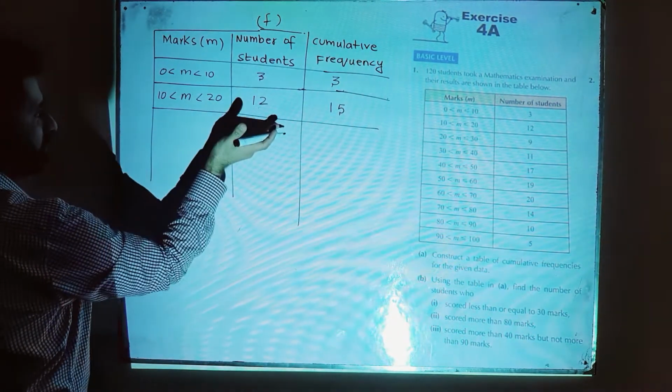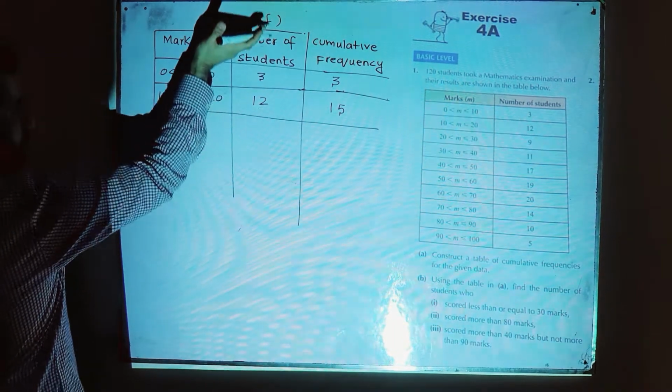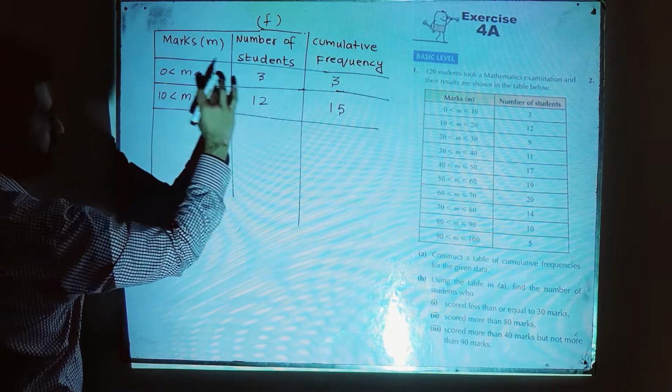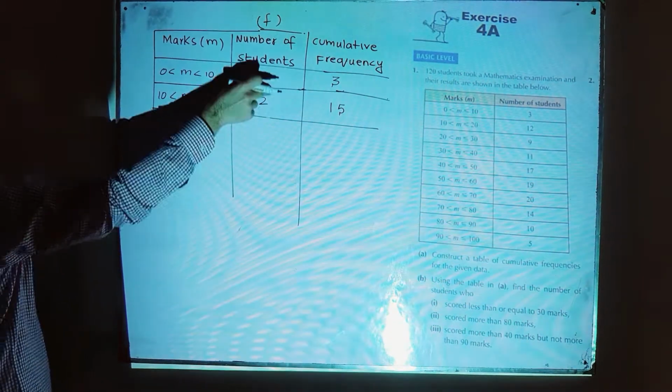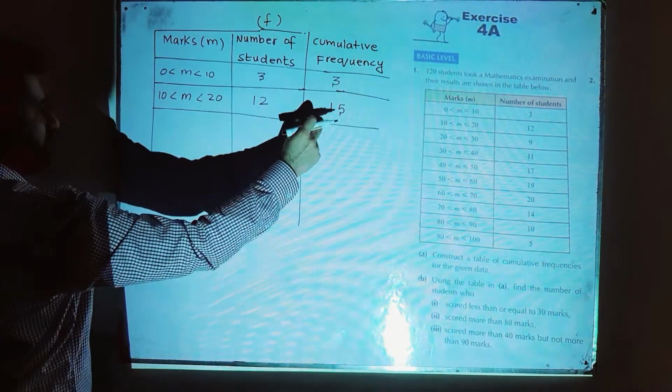So you are basically adding all the frequencies above this group, including the frequency of this group, and you will have cumulative frequency up till this point.